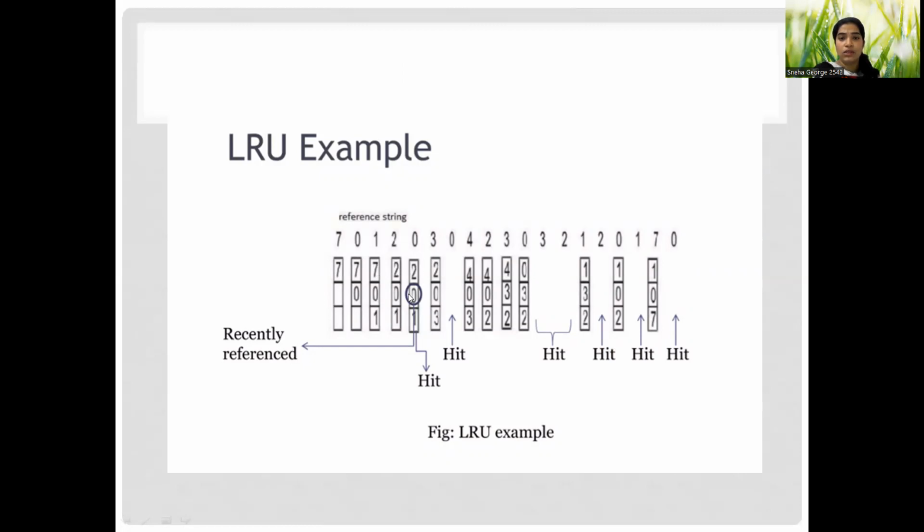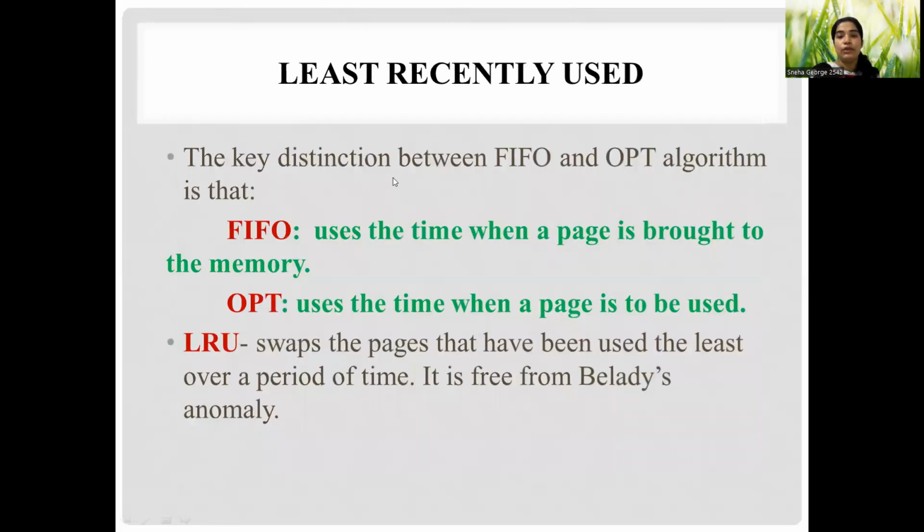Then coming to 0, 0 is already there, so it is a hit. Now 0 is recently referenced, so you cannot remove it. Now coming to 3, you will replace 1 with 3. So the least recently used pages will be swapped in the case of LRU. This is how the least recently used works.